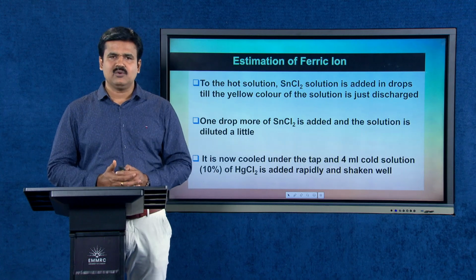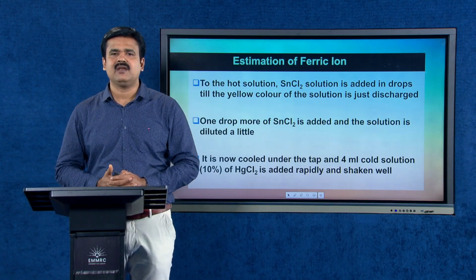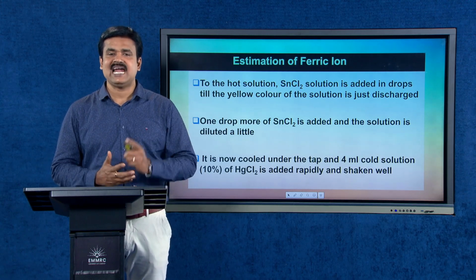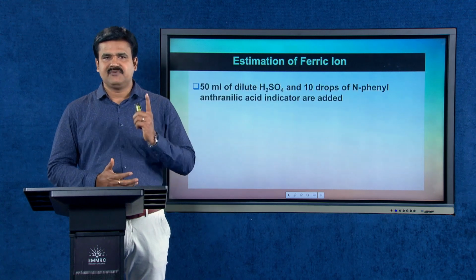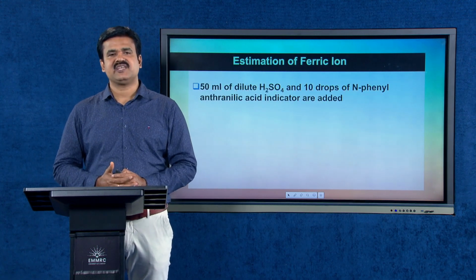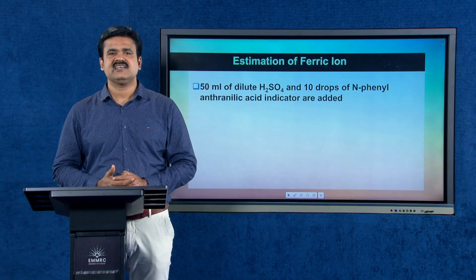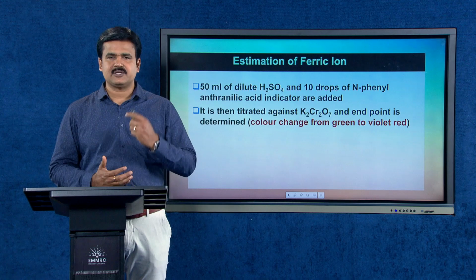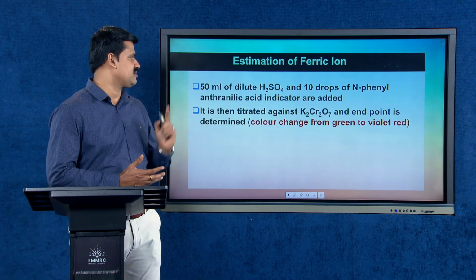It is now cooled under tap and 4 ml cold solution of 10% HgCl2 is added rapidly and shaken well. 50 ml of dilute sulfuric acid and 10 drops of N-phenyl anthranilic acid indicator are added. It is then titrated against K2Cr2O7 taken in the burette and end point is determined.